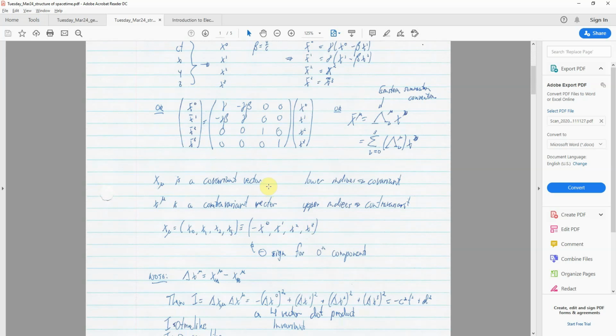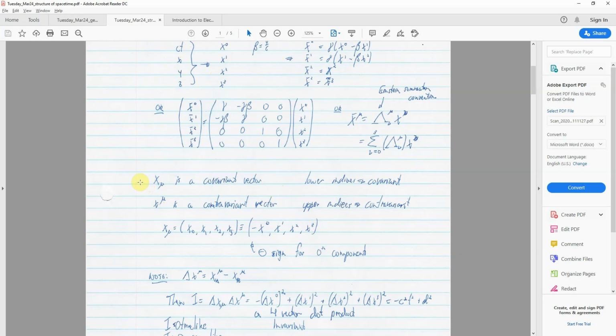So now we get into some definitions. You may not have heard of contravariant and covariant vectors before. Basically, now that we're dealing with four vectors, we have three that are dealing with spatial dimensions and one that's dealing with time, but of course it's time times the speed of light, so it's also a spatial dimension.